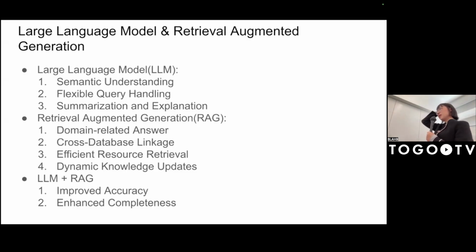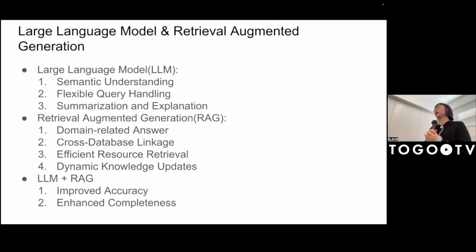For LLM, it can better understand the semantics of the text, and with the help of LLM, we can also handle the user queries in a more friendly way. Also, it can generate explanations for the users.